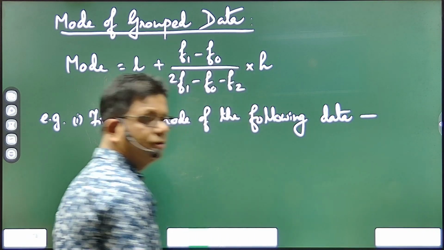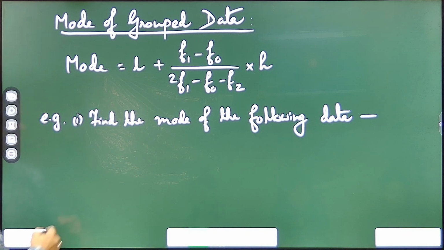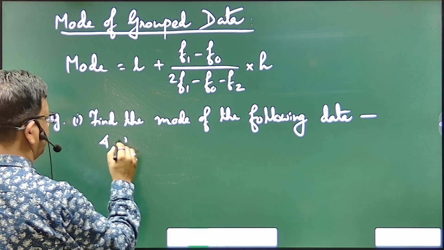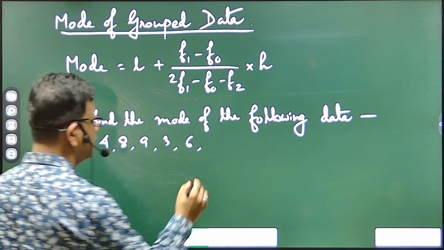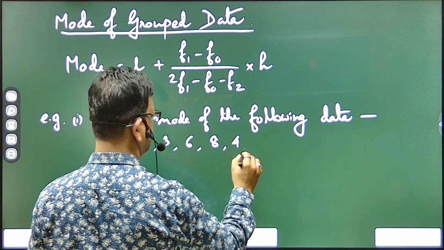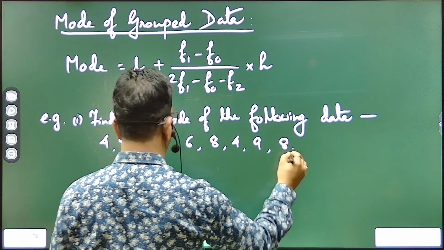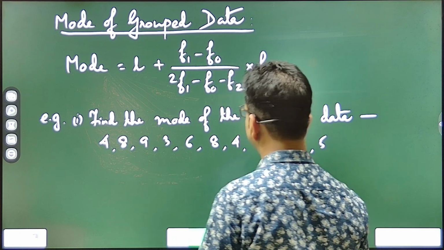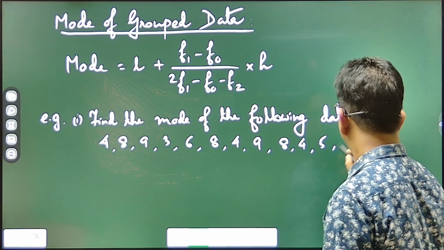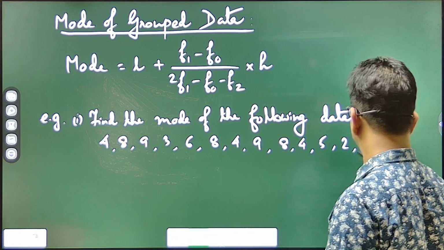Suppose I have an example like these numbers: 4, 8, 9, 3, 6, 8, 4, 9, 8, 4, 5, 2, 6.